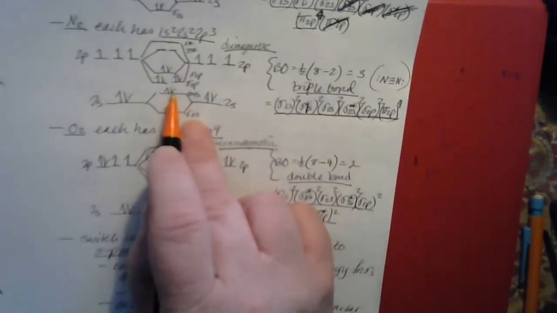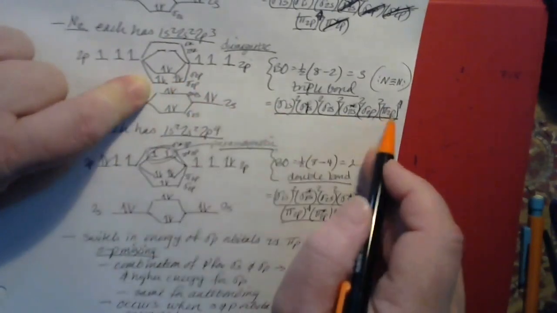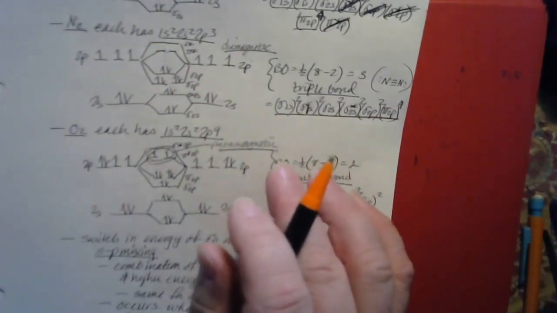Yeah, sigma star 2s2, that's this. Sigma 2p2, that's this. And pi 2p4, and that would be these two here. I ordered them the opposite way around in the electron configuration, but the actual order in which you write the orbitals in electron configurations doesn't really matter, as long as each orbital has the right number of electrons in it.